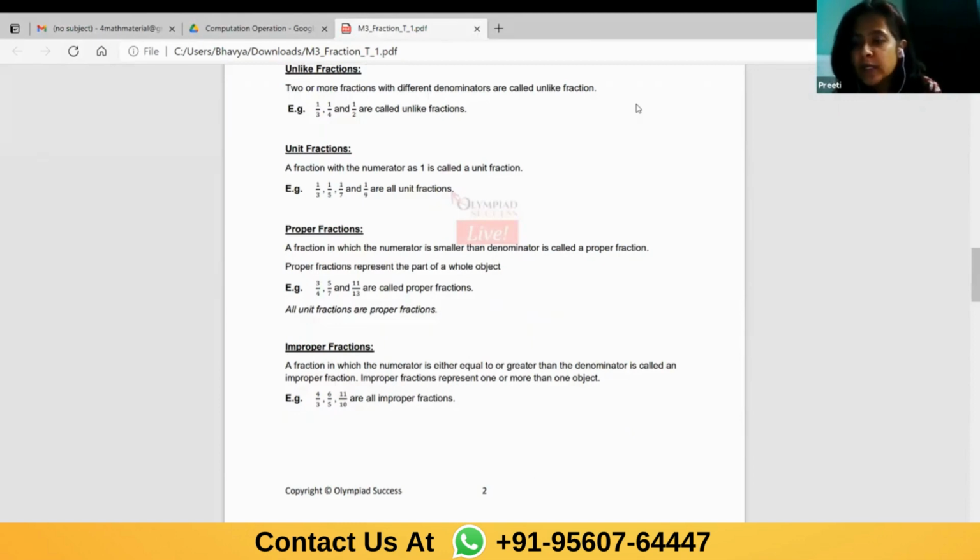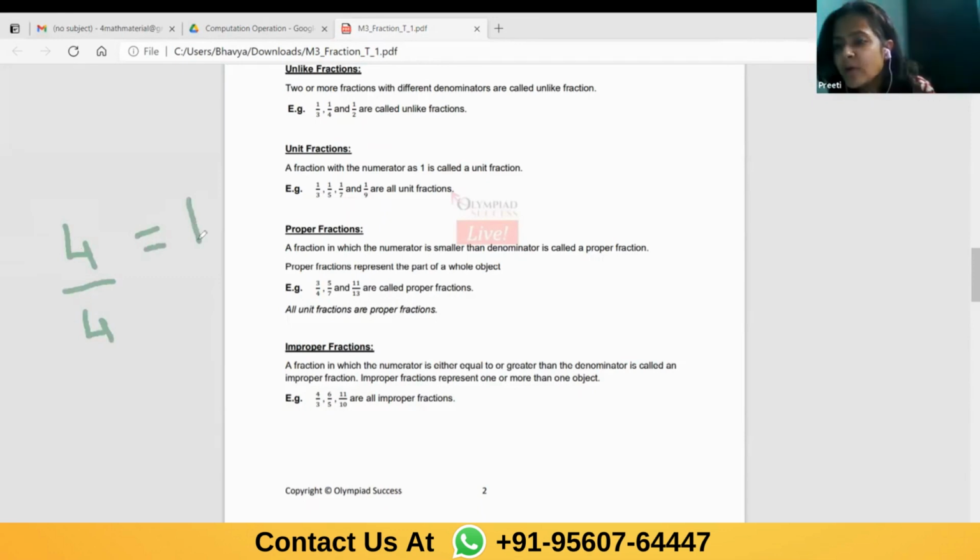If your numerator is equal to your denominator, when both are the same, it becomes 1 as a whole number. Because if you divide 4 by 4, what will you get? 1. Yes, ma'am. Whenever numerator and denominator are equal, it is a whole number. It becomes 1 always, be it any number.